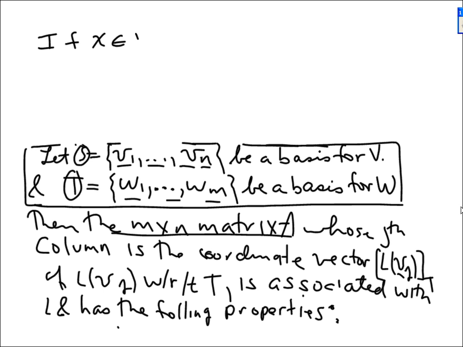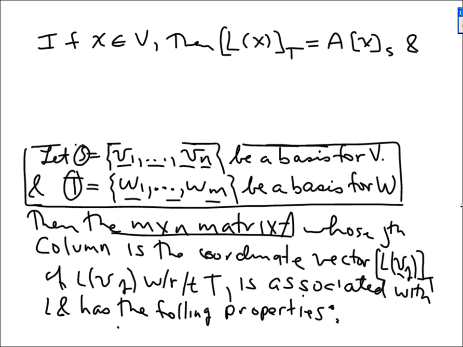If little x is in V, then L of little x, the coordinates of that with respect to T, is going to equal the matrix A times the vector x, the coordinates of vector x with respect to basis S. You know, I want to write down something.